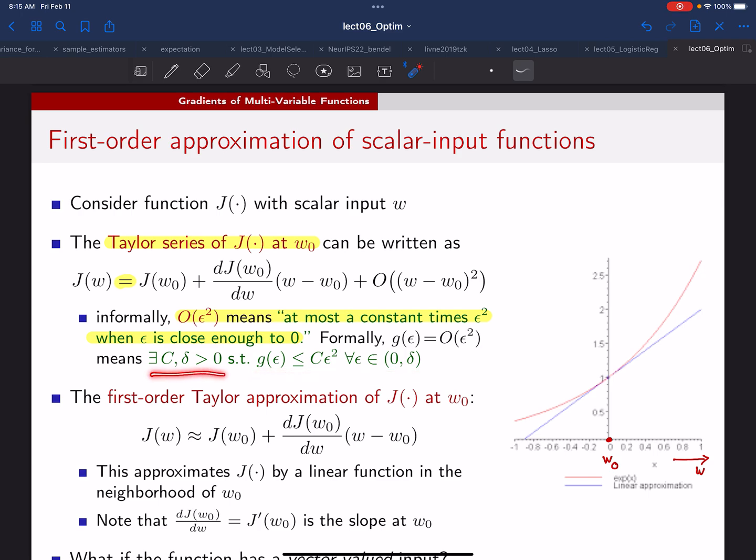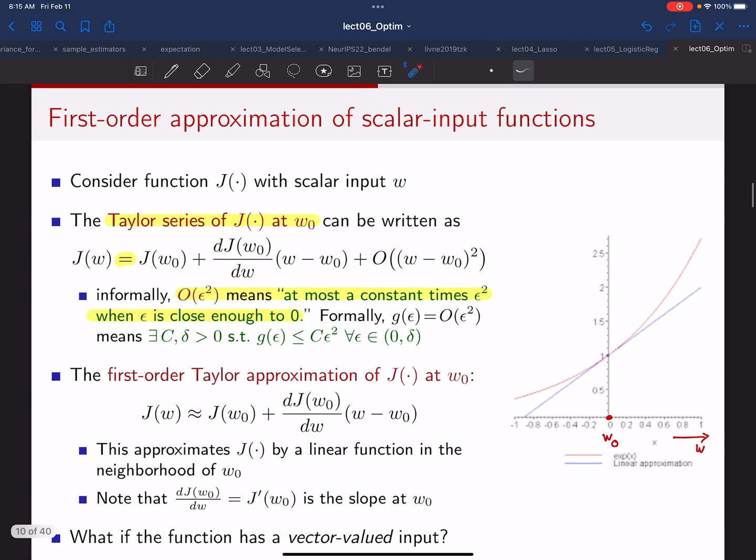Okay, so it's kind of a mouthful, but that's the official meaning of this big O. Basically, we're using it to say there's an error to this first approximation, and the size of the error is approximately the size of W minus W0 squared, roughly speaking.